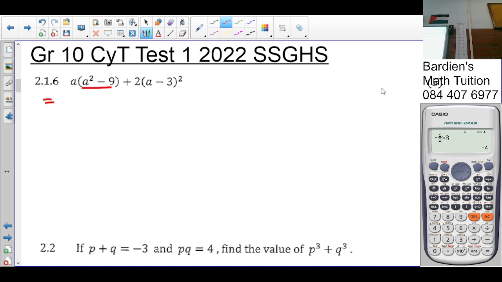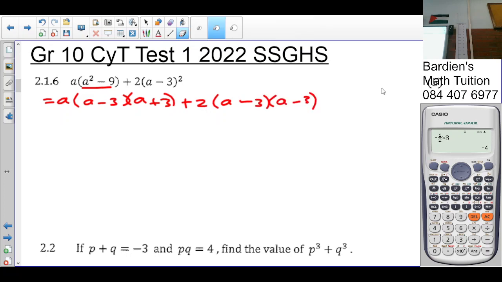Right, what can happen there? So it's going to be a minus 3, a plus 3, plus 2 into a minus 3 times a minus 3. That is basically what a minus 3 square means. Okay. What is now common? Common bracket of a minus 3.